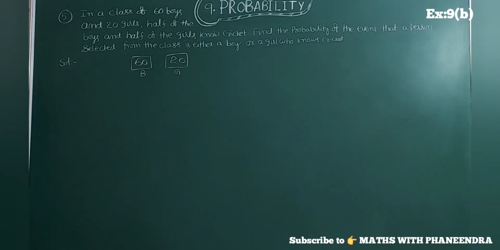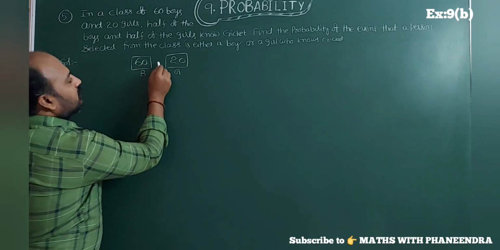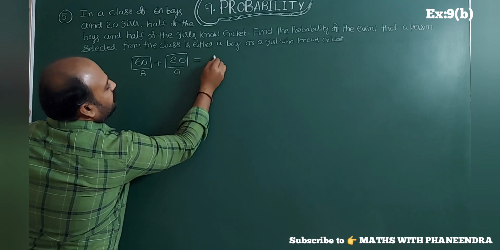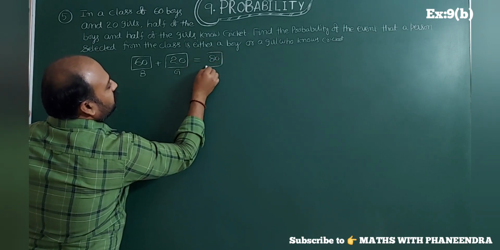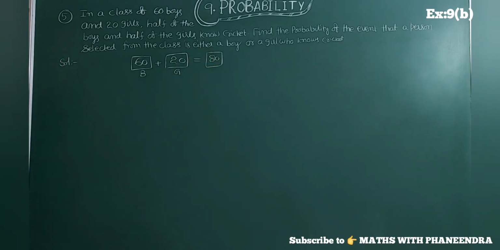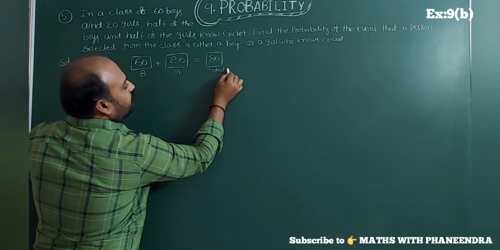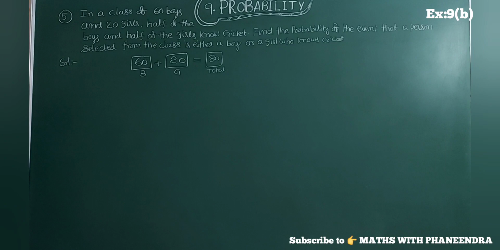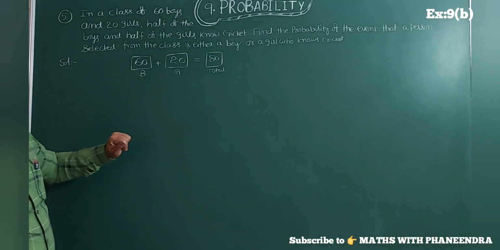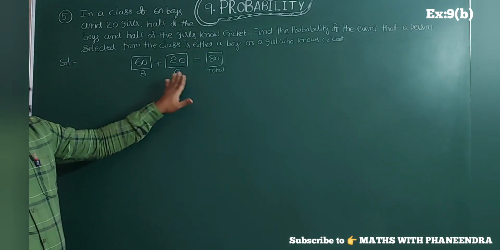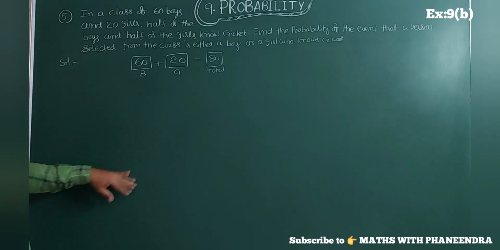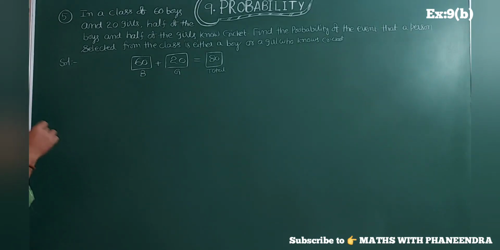So total 80 persons are there. Let, here P and G are already used, no? So event 1, event 2, or A1, A2.